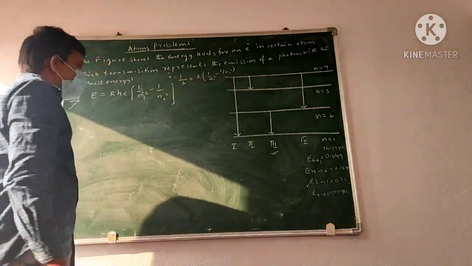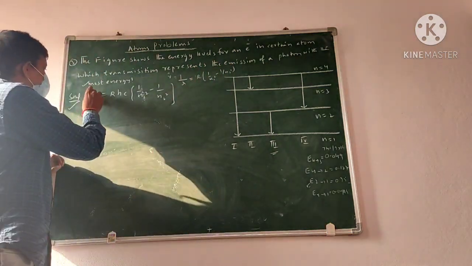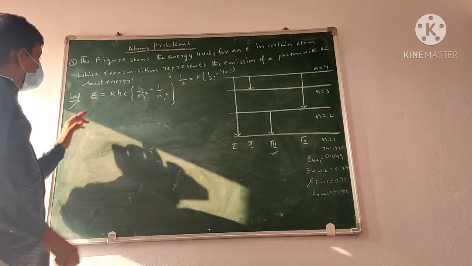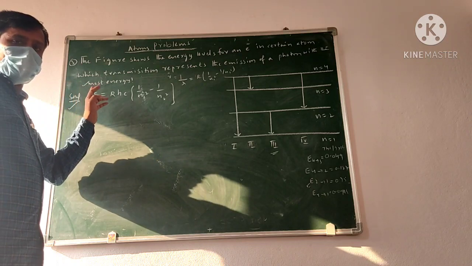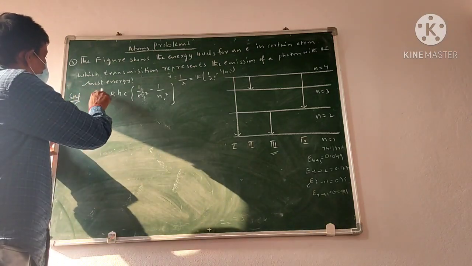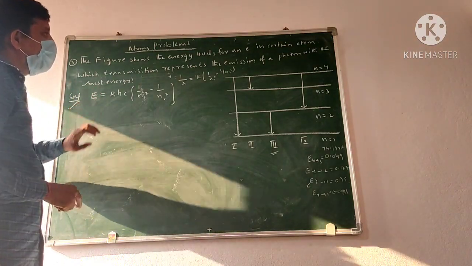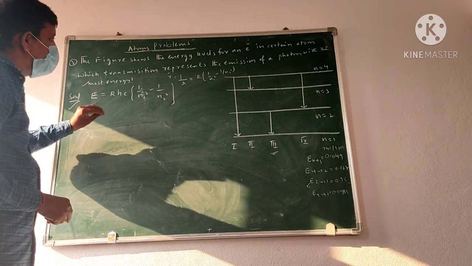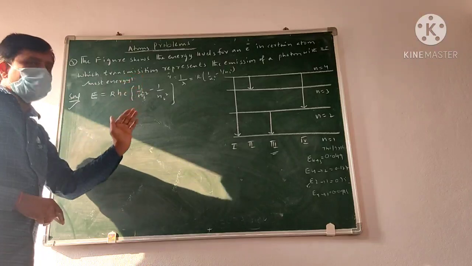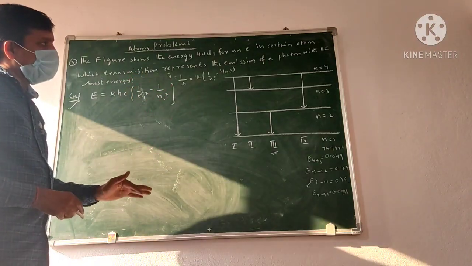R is called the Rydberg constant. So now we want to find the energy. Energy is equal to E2 minus E1, which is equal to hν. So by using this relation we can obtain the total energy when the electron transitions between different levels.